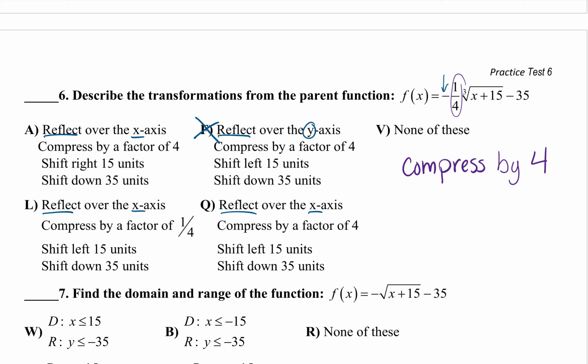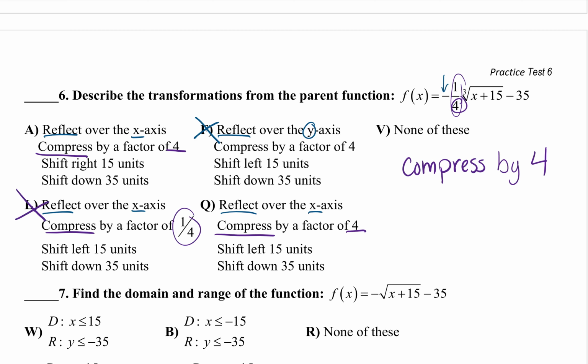Because I'm only dividing by 4, I'm not dividing by 1/4. That's a totally different thing. So compress, compress, compress, 4, 4, oh, that's wrong.